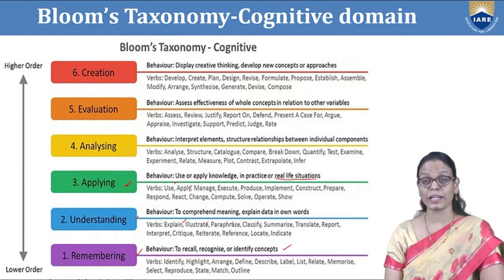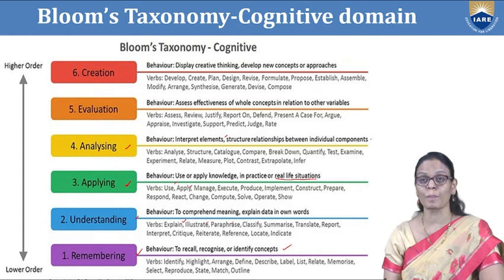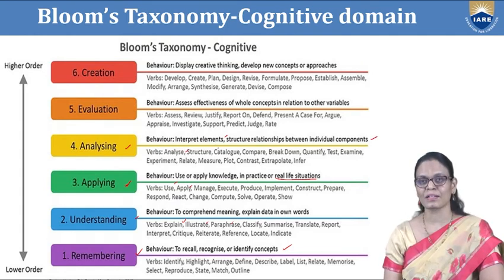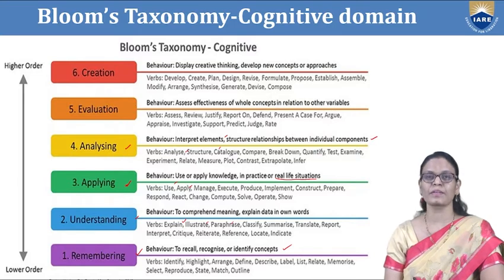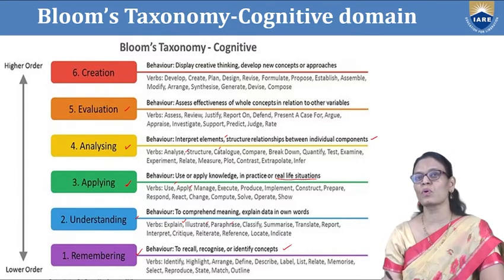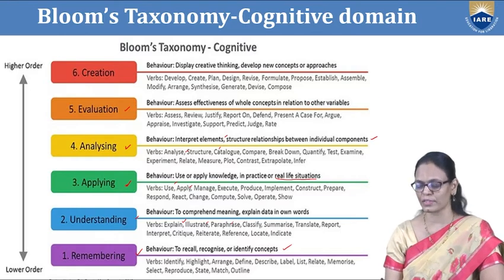And the next one is the analyzing level. At analyzing, they try to interpret the elements, structure, and the relationship between different components. So we use the verbs analyze, structure, compare, break down, quantify, examine, experiment, relate. Then comes the evaluation level, where they assess the effectiveness of the whole concept in relation to other variables.